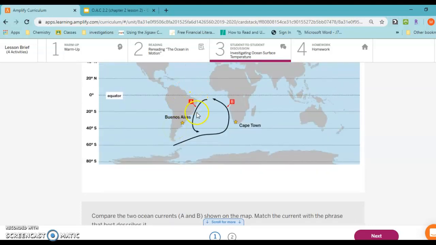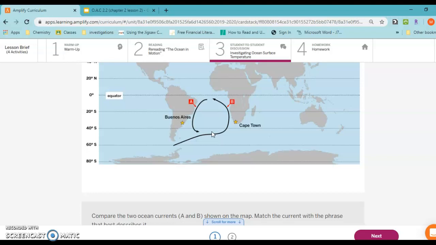So if I look at A, which is Buenos Aires, I'm seeing that the arrow goes down from the equator, right? So that lets me know that this water that's going by Buenos Aires is getting warmer, right?